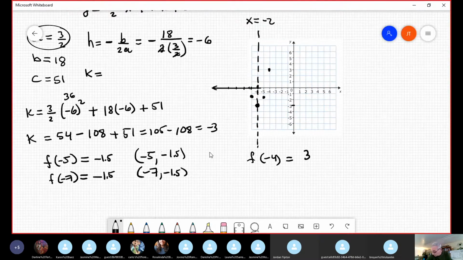And evaluate at -8, no? Because it's one step to the right, two steps to the right, one step to the left, two steps to the left, which is -8, no? It's exactly the same value. Boom, boom. -8, 3.